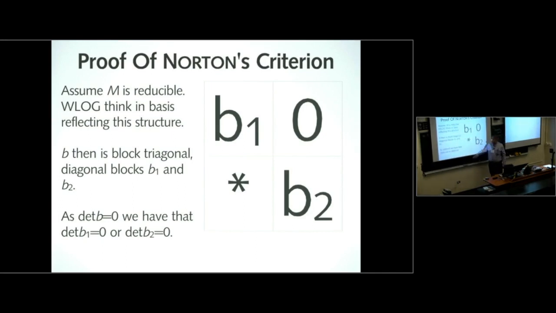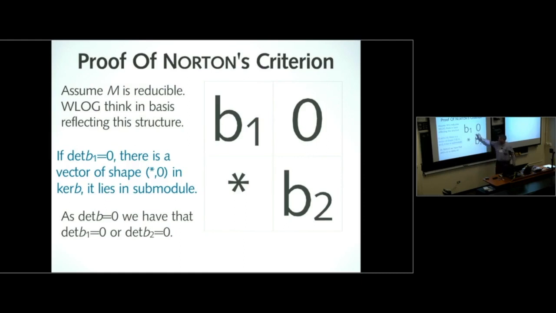So let's first look at the case that the determinant of B1 is 0. Well, if the determinant of B1 is 0, I can find a vector which lies in the span of the first few basis vectors, right? Then the matrix B1 has a non-trivial kernel.